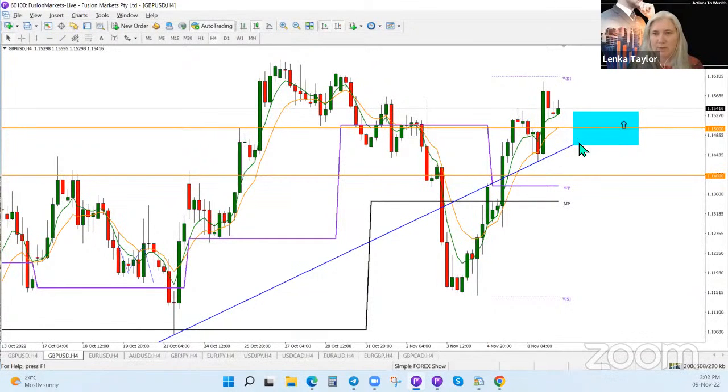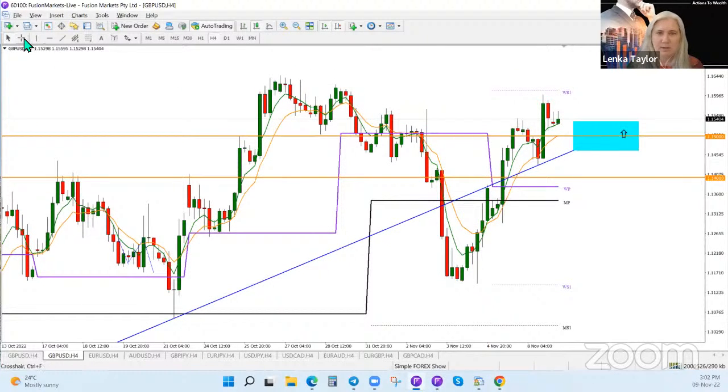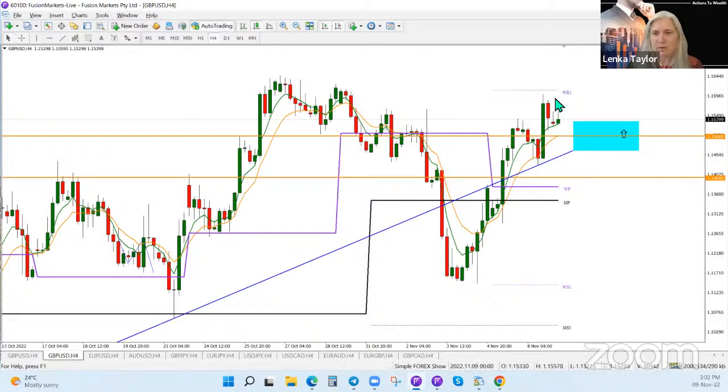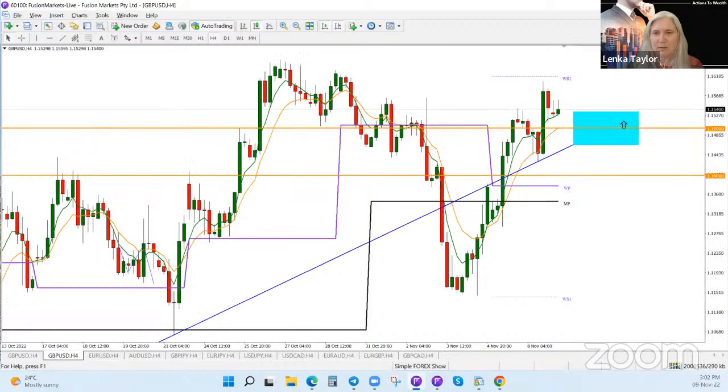So I'm looking for a little pullback down to the trend line or to the weekly pivot, which is also the bottom of the range, and taking the trade there. It may continue, but with the continuation, I am not happy with the risk to reward ratio because of these tops here. So not looking to go long right now, looking for the pullback first.